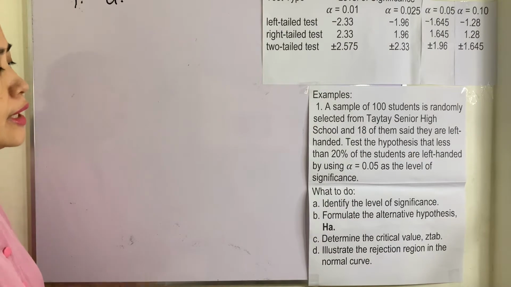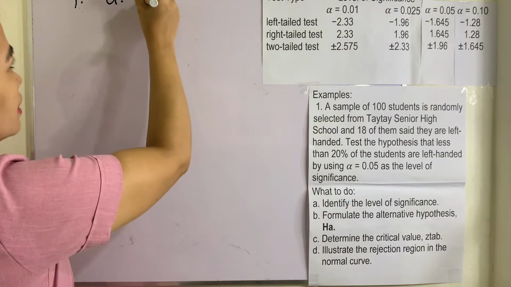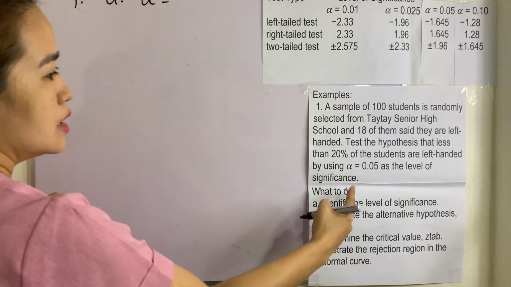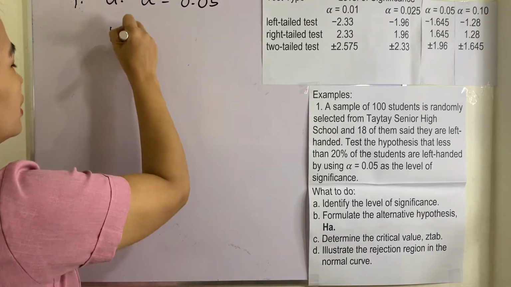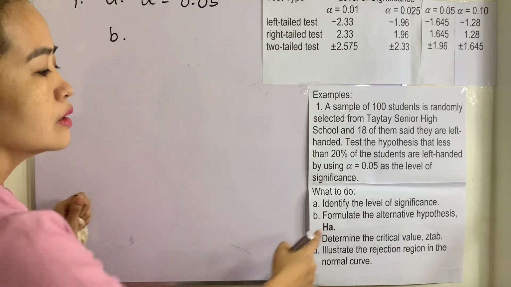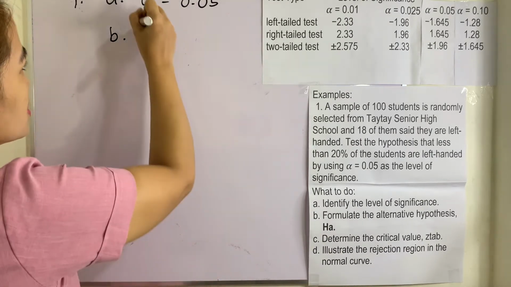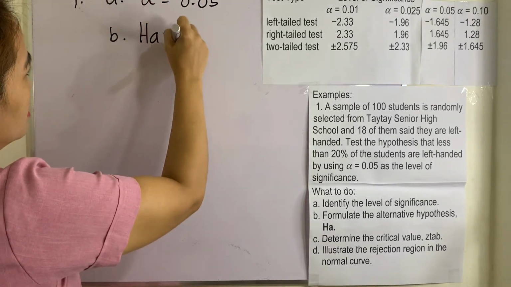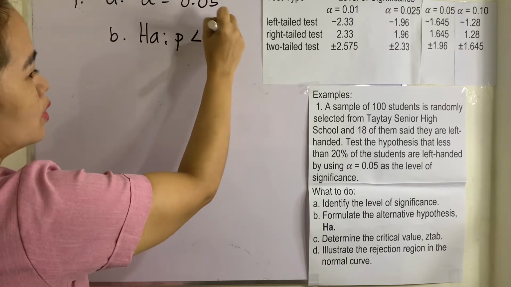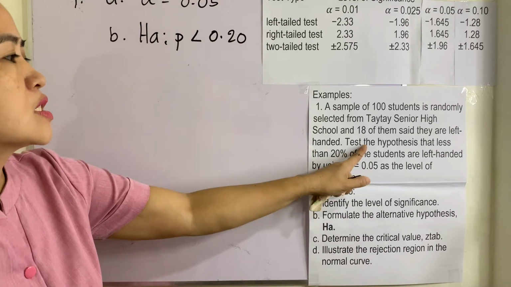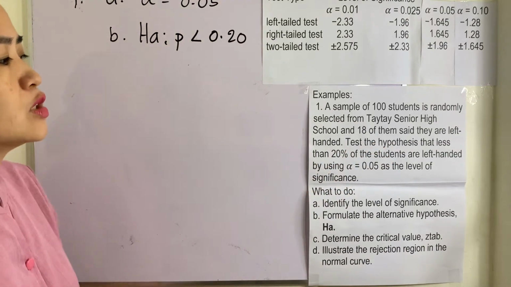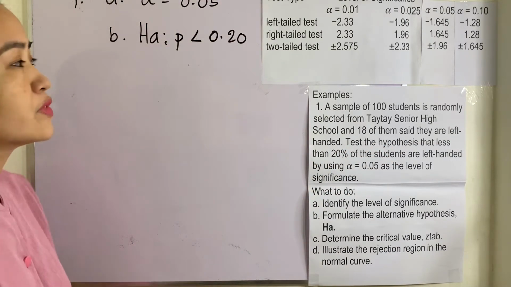So let us follow these guidelines. Letter A, identify the level of significance, that is 0.05. Letter B, formulate the alternative hypothesis, H sub A: the proportion is less than 0.20. It says here, test the hypothesis that less than 20% of the students are left-handed.